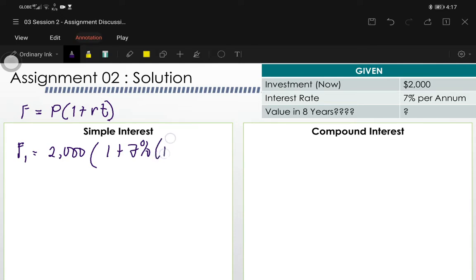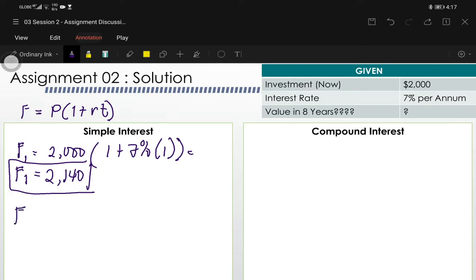T is 1 at the end of the first year. So, basically, your F1 is equal to 2,140.